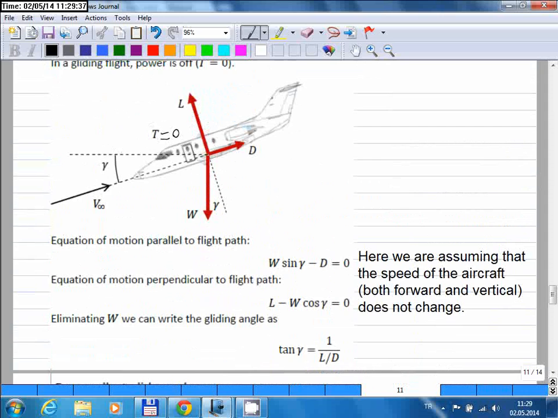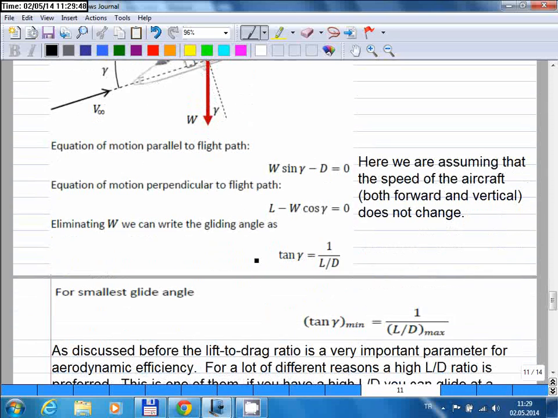So if your aircraft is gliding, then the angle of glide depends on lift to drag ratio. And naturally, if you want this angle to be minimum, then you want the lift to drag ratio to be maximum.